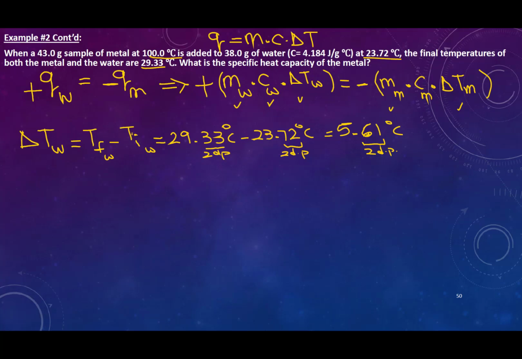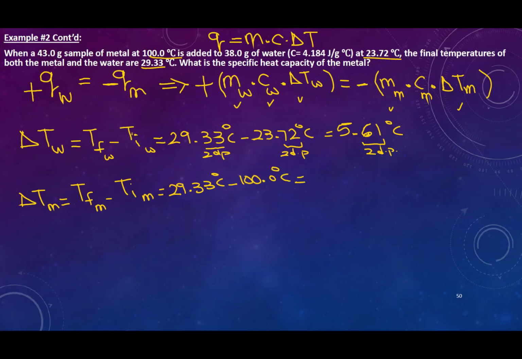Now let's do the same thing to find the delta T for the metal, which is the T final for the metal minus T initial for the metal. The T final for the metal is given as 29.33 degrees Celsius, minus the T initial for the metal, which is 100 degrees Celsius.